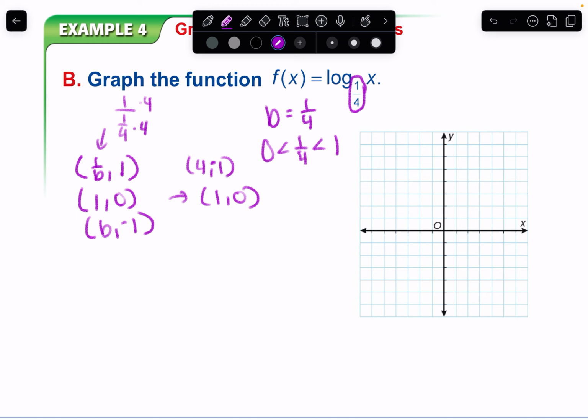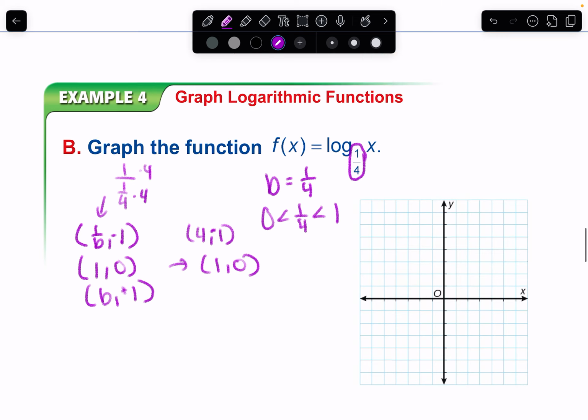Or sorry, I mixed these two up. So this is a -1, and this is a positive 1. I wrote them backwards.